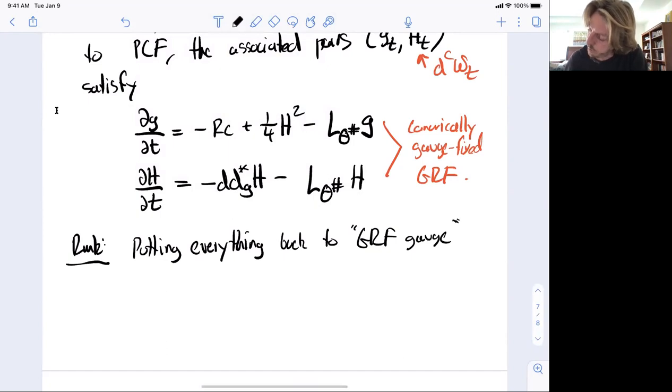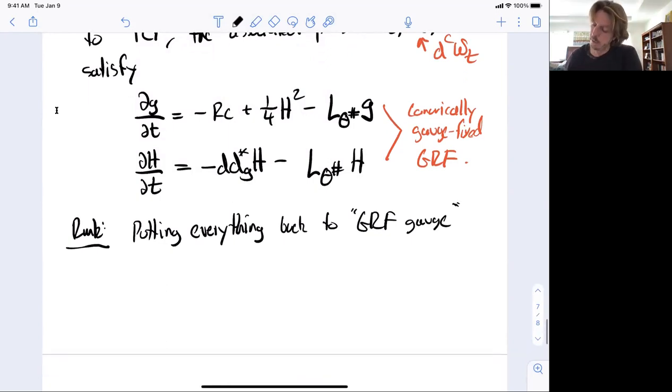I just want to be precise about this point. It's not correct to say exactly that generalized Ricci flow preserves pluriclosed. It's sort of correct, but I just want to really emphasize this point for later. So what does it mean?